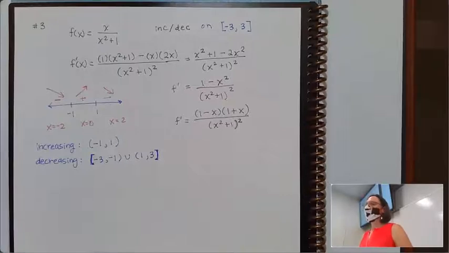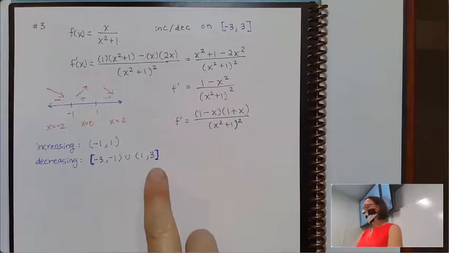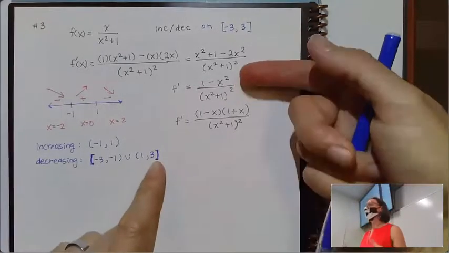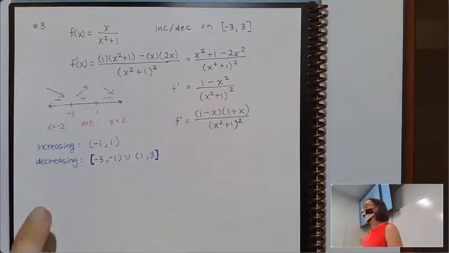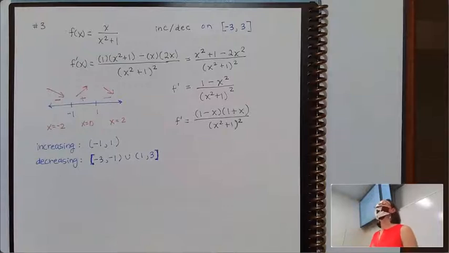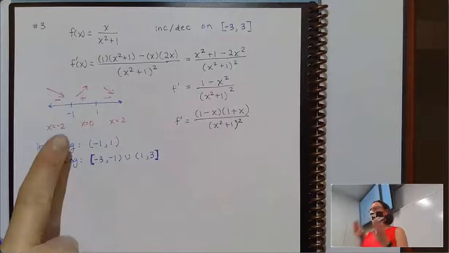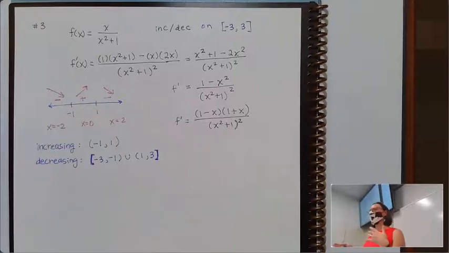By the way, I'm making the 3s brackets because at 3, this is still decreasing. F prime is a negative number. Normally we do open intervals when we're talking about increasing and decreasing, because the places that we're stopping at on our number line are places where the derivative is 0 or undefined, not places where it actually has a positive slope or a negative slope.